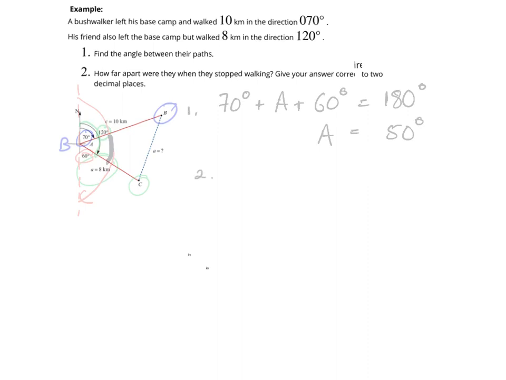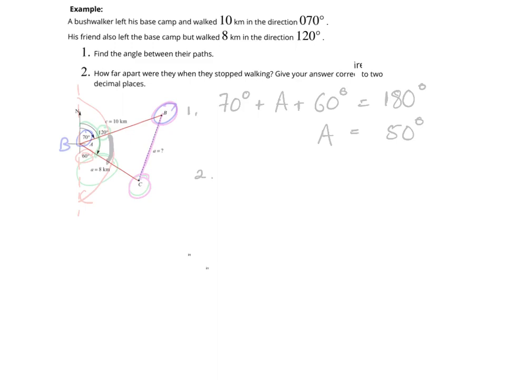Part two, we're asked what? How far apart are the bushwalkers when they stopped walking? Well, they stopped walking at B and C, so obviously we want to find this distance here. Well, let's have a really good look at our triangle here, and see what sort of information we actually have.